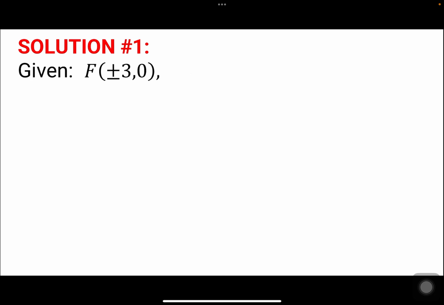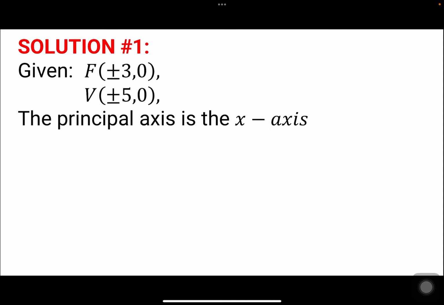From this given, ano mga value meron tayo? We have the foci, so yun yung positive negative 3, then 0 sa y. Then, we have the vertices, so positive negative 5 sa x and 0 sa y. Therefore, the principal axis natin ay nasa x-axis.